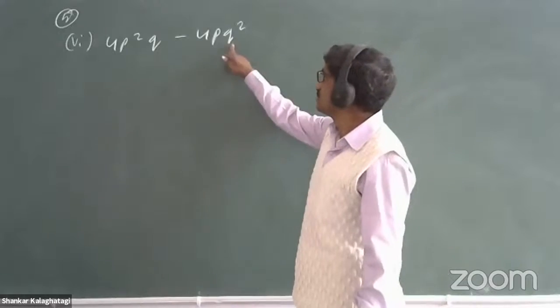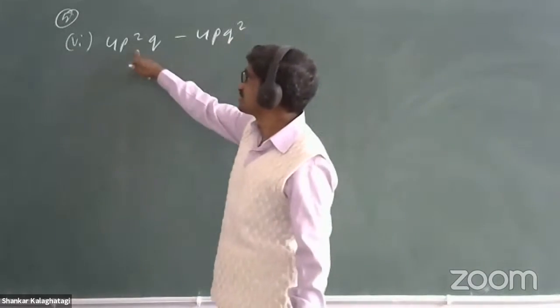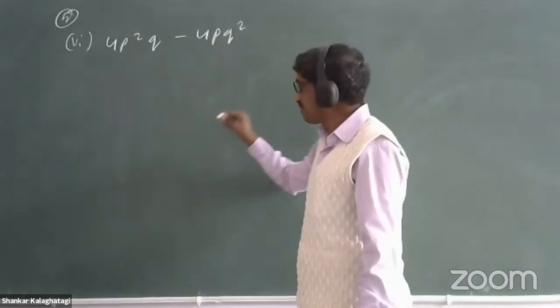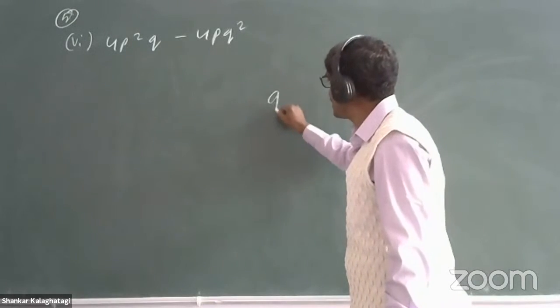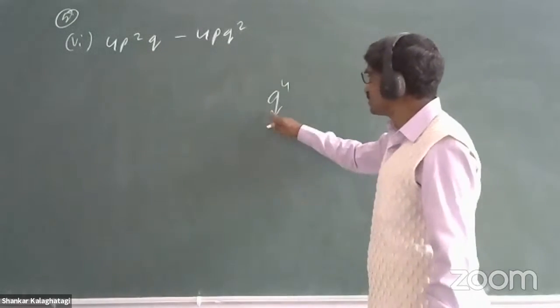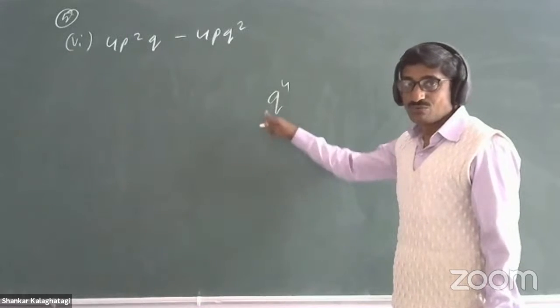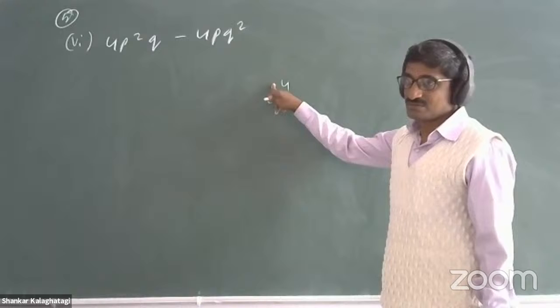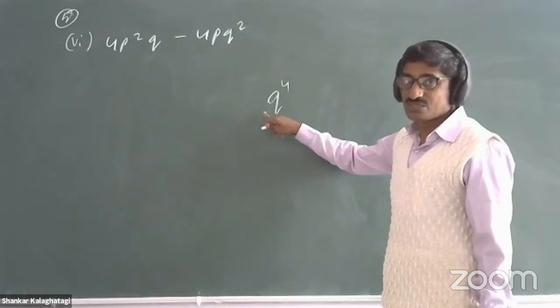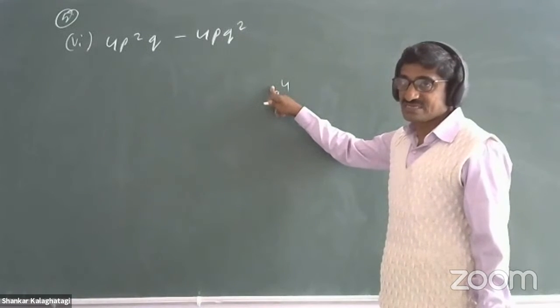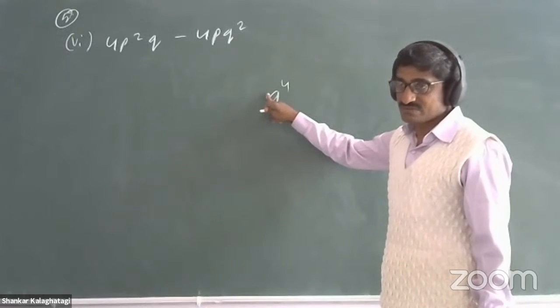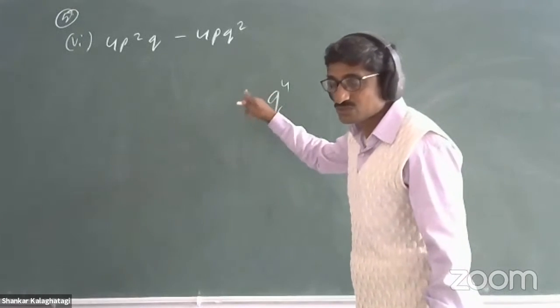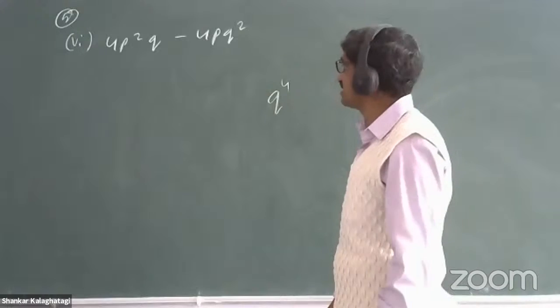Okay, q square, p square, and yesterday I explained. Once again, let me tell you. If there is a power 4, you have to say q raised to 4, or q to the power of 4. Generally, in algebra, maximum everyone is going to say q raised to 4.